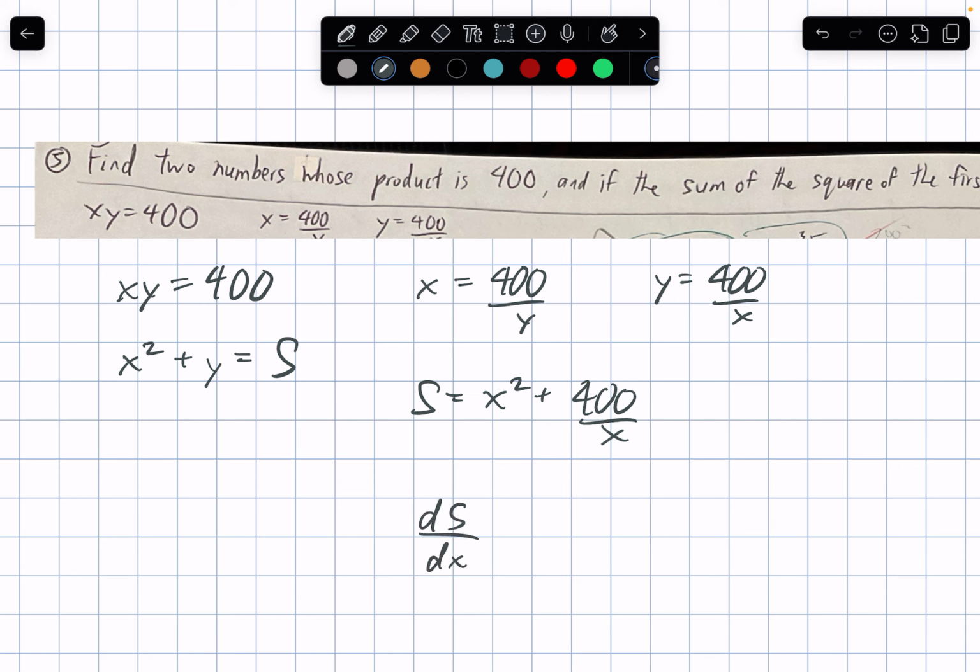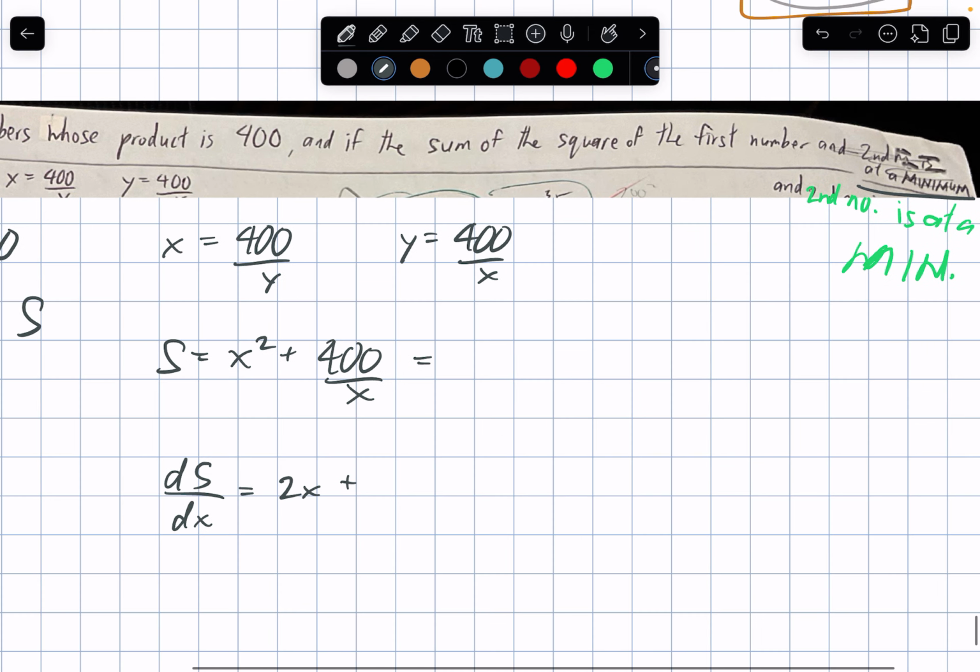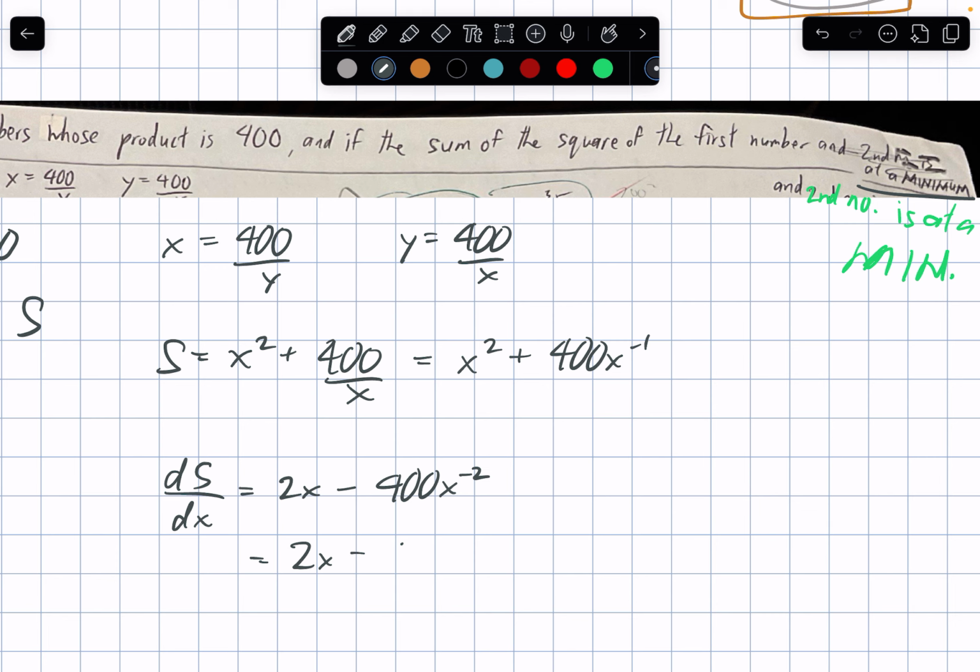Then we find the derivative: 2x plus, rewriting this as 400 x raised to negative 1, minus 400 x raised to negative 2 times 1, doesn't change anything. So 2x minus 400 over x squared.